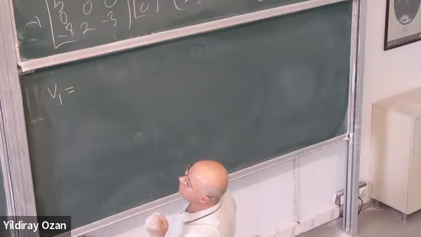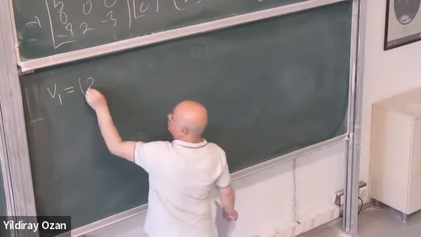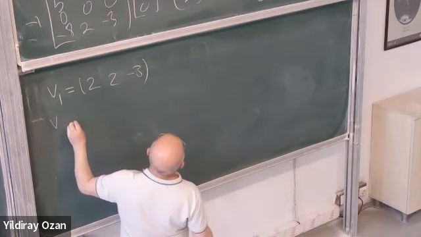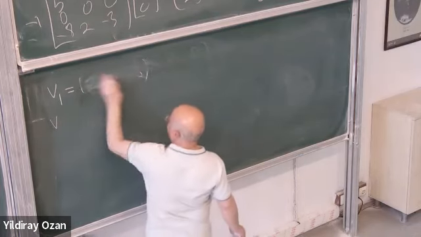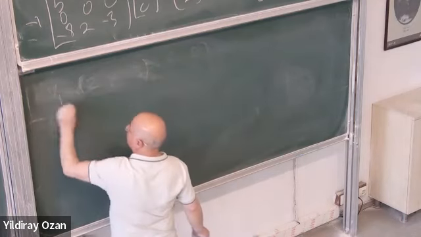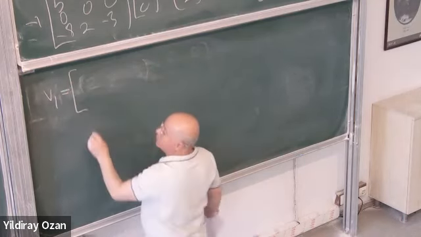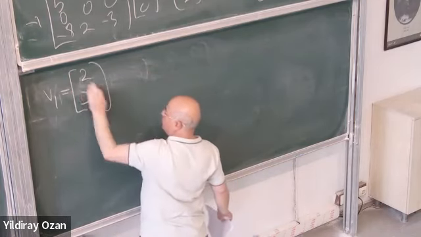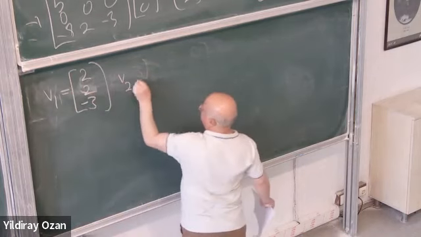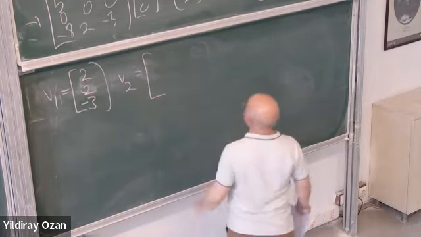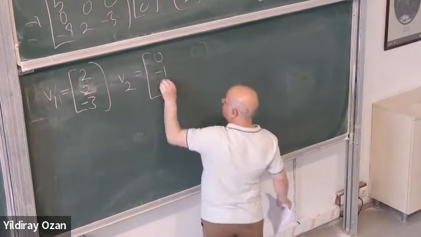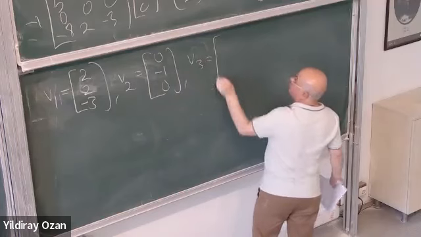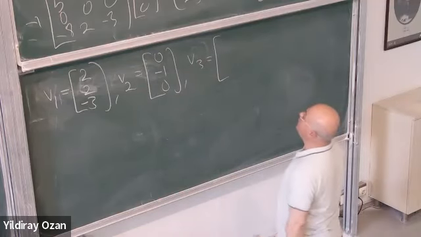Neredeydi bu V1? 2, 2, eksi 3. V2: 0, minus 1, 0. V3: 1, 1, eksi 2.